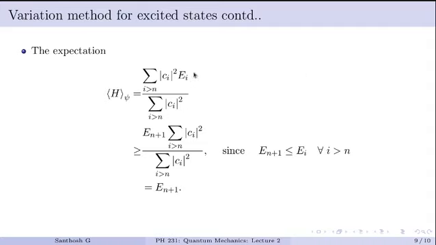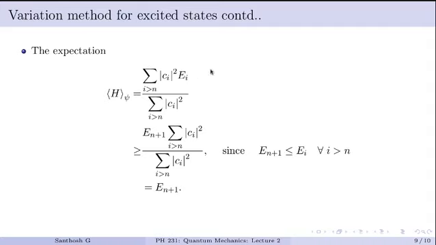And therefore, every Ei that appears in the sum in the numerator is going to be greater than or equal to En plus 1. And therefore, if we consider a series, sum over i greater than n of Ci square with Ei replaced by En plus 1, then that series will be smaller than the series given in the numerator.